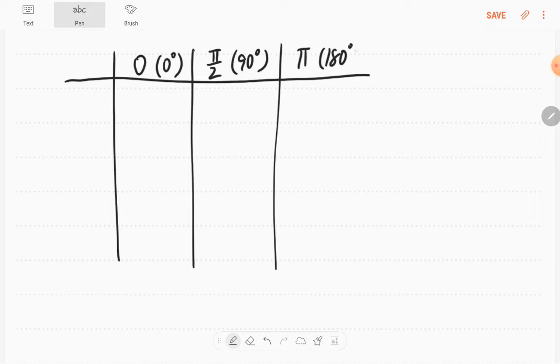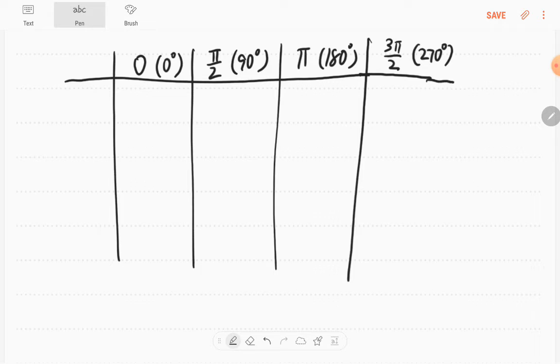You will see that in the future we will often use the radian instead of using the degree. 3 pi over 2 is 270 degrees. And then 2 pi, the trig functions are the same as for 0 radian, okay?